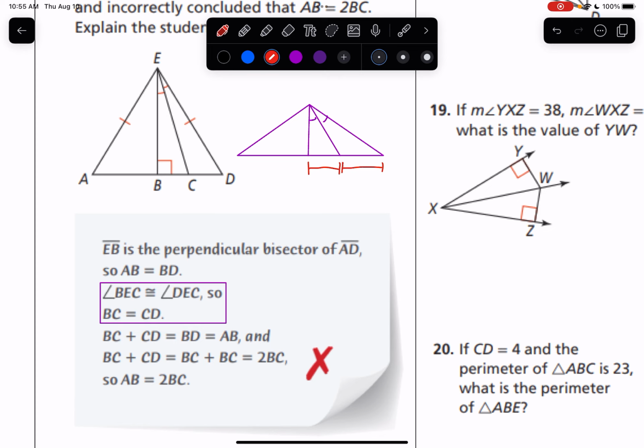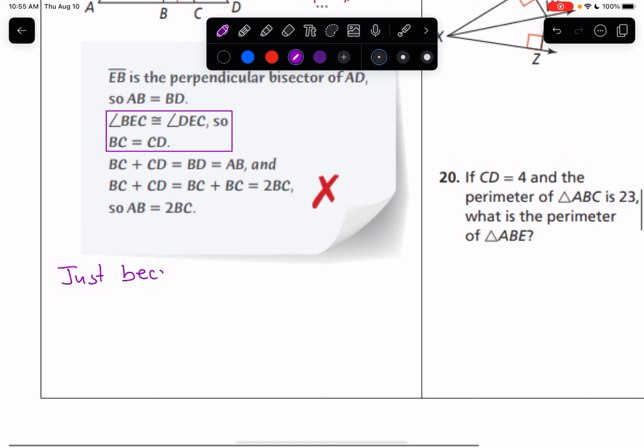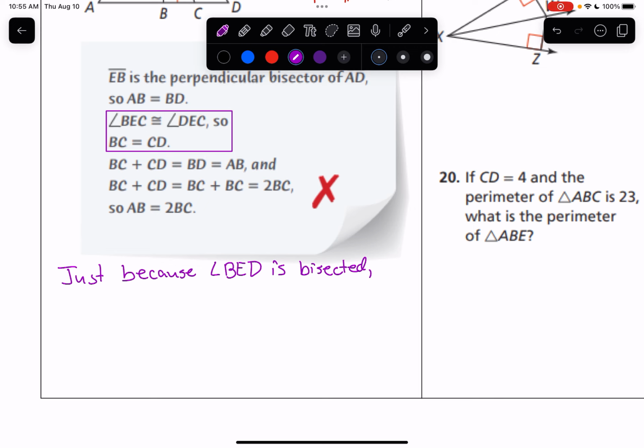So we'll write this down at the bottom: just because angle BED is bisected, it does not automatically mean BC equals CD.